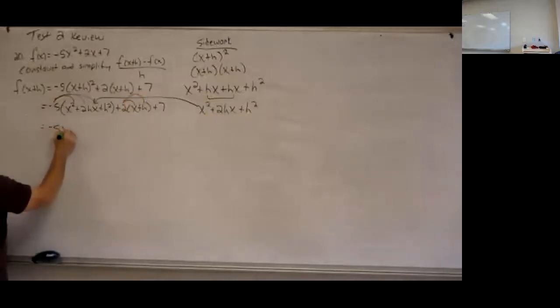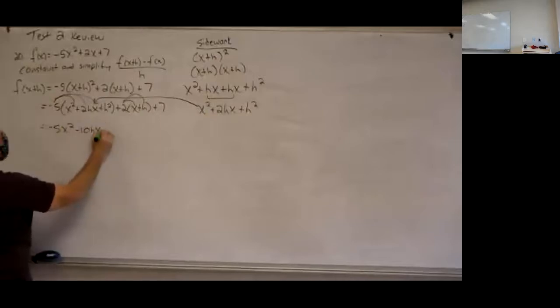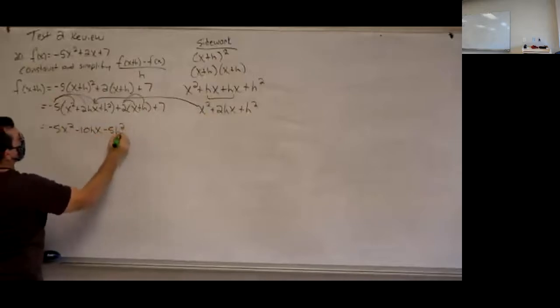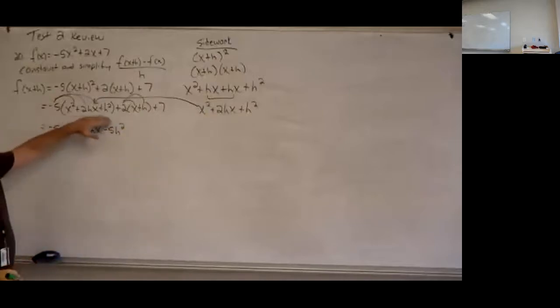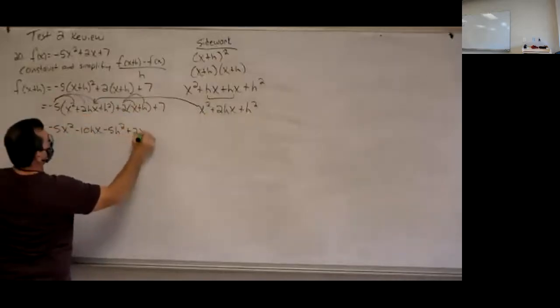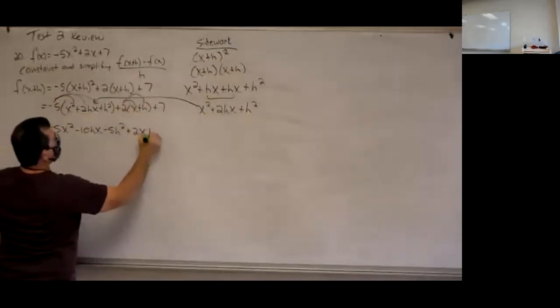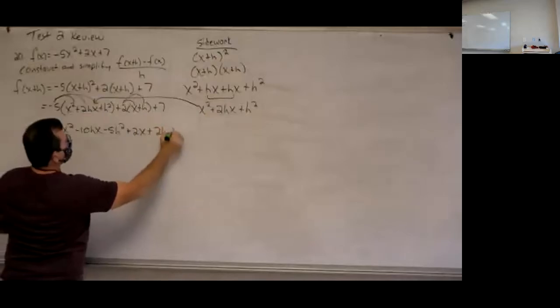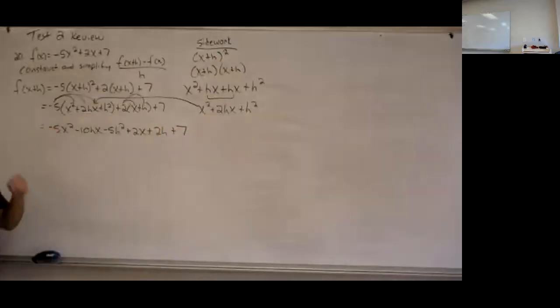So you get -5x squared minus 10hx minus 5h squared. So I'm multiplying all these by the -5. And then I'm going to do 2 times x is 2x, 2 times h is 2h, and then at the end is my plus 7.